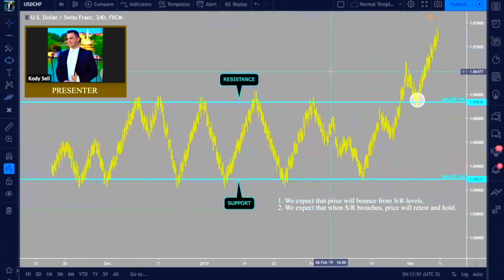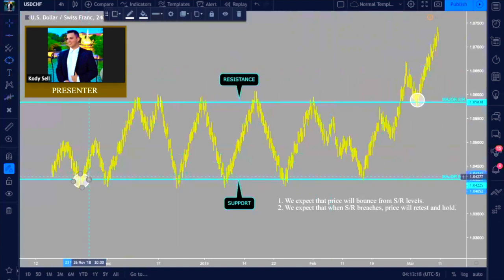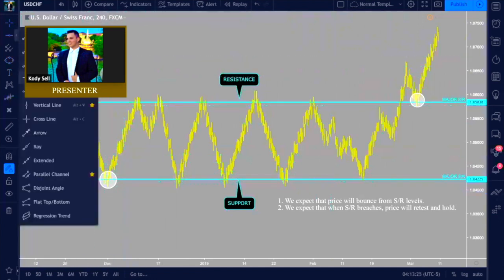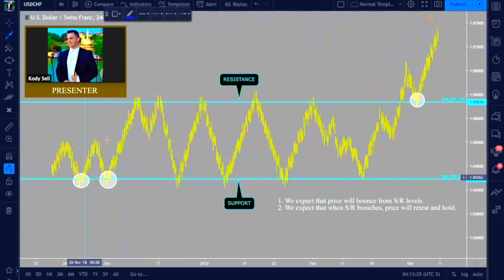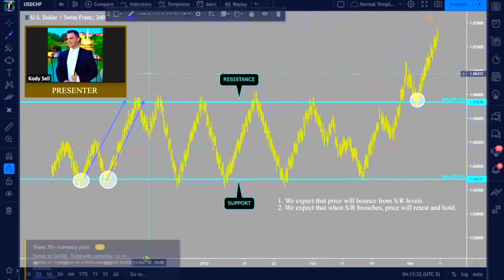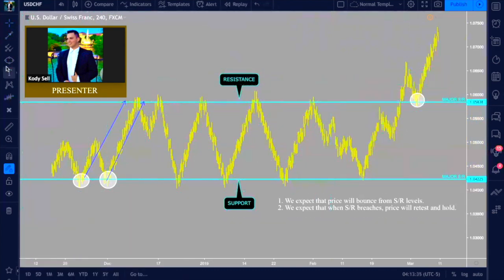So that's the second thing we want to note about support and resistance. Again, going to be important when we're actually trading it. Now, another thing that's important to note that we've already talked about: when you're looking at price and price is down here at support, where do you expect price is going to go from right here? You expect price is going to come up to the resistance, right? That's what you expect. And when price reaches the resistance up here, where do you expect it's going to go?